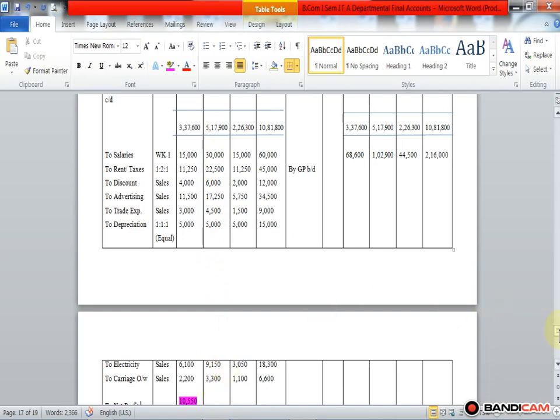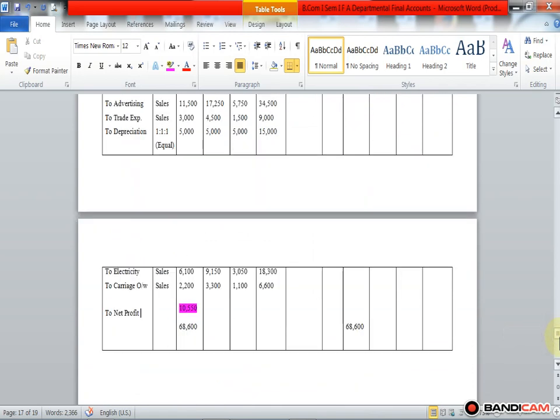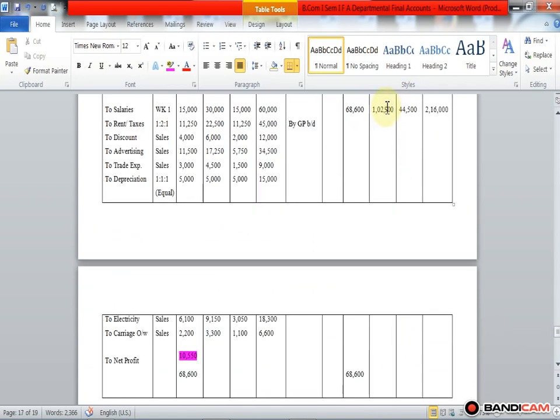Here also the credit side is more than the debit side, then put the credit side total into debit side, that is amounted to rupees 1,02,900. Put this total into credit side, 1,02,900.